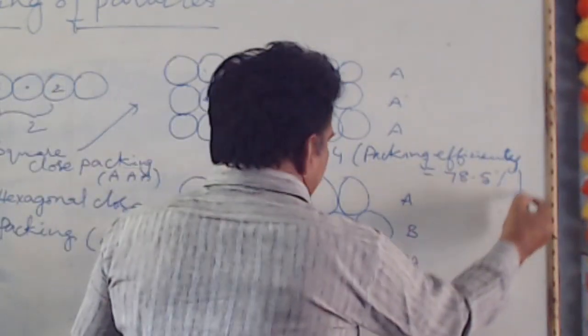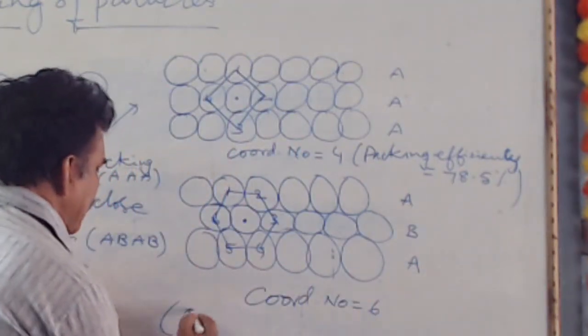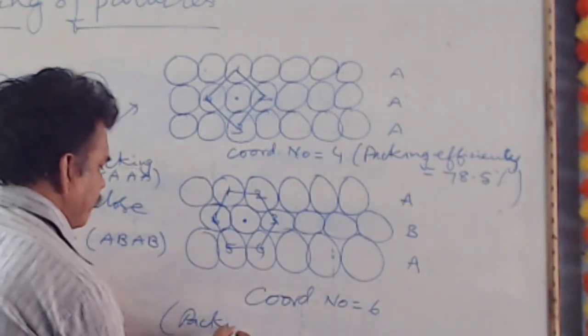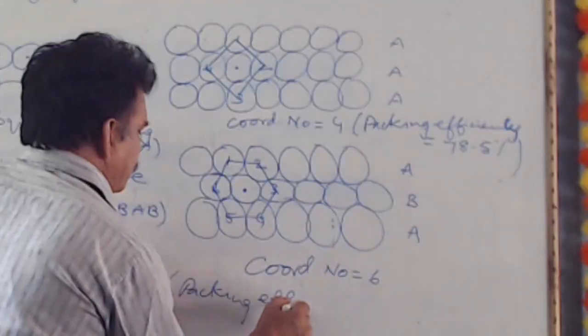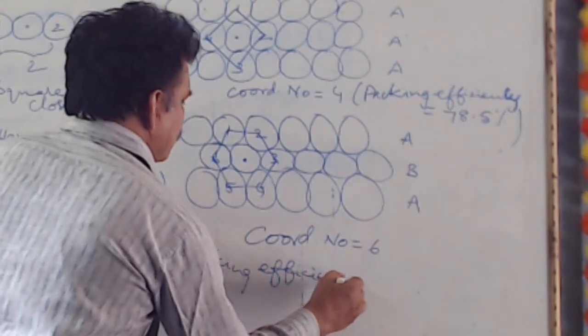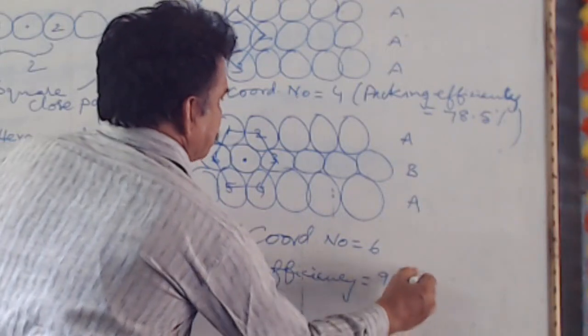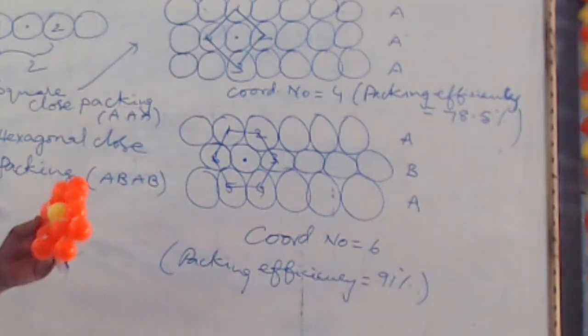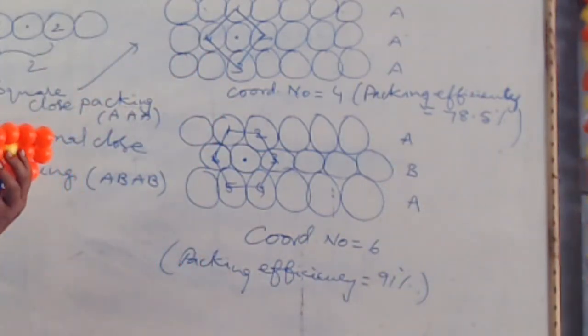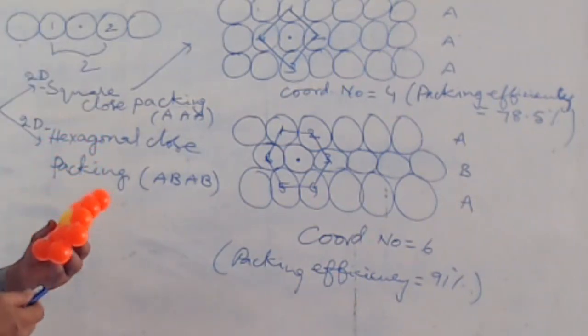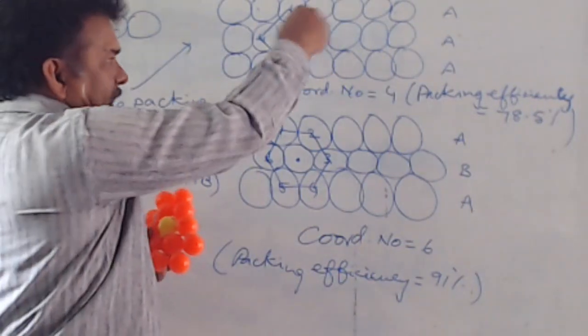Whereas in hexagonal closed packing, the packing efficiency is 91%. We can observe this in the diagram itself.